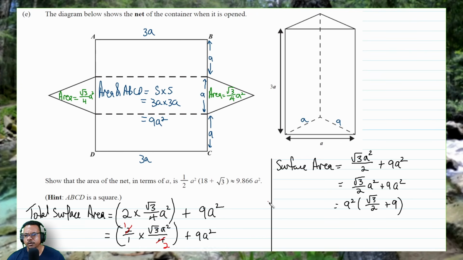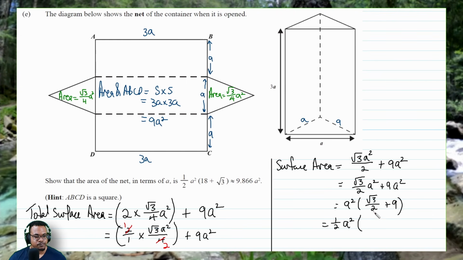So we are one step closer to having it like this, but notice that we have a half on the outside. So what they did as well is they factor out this half here. Dividing by half is the same as multiplying by 2. So if I pull the half out like this, a squared, open brackets, when I divide this by half, that's the same as multiplying by 2.